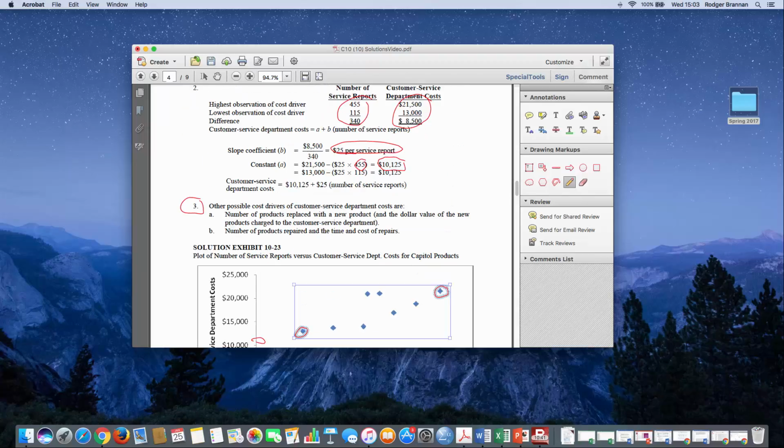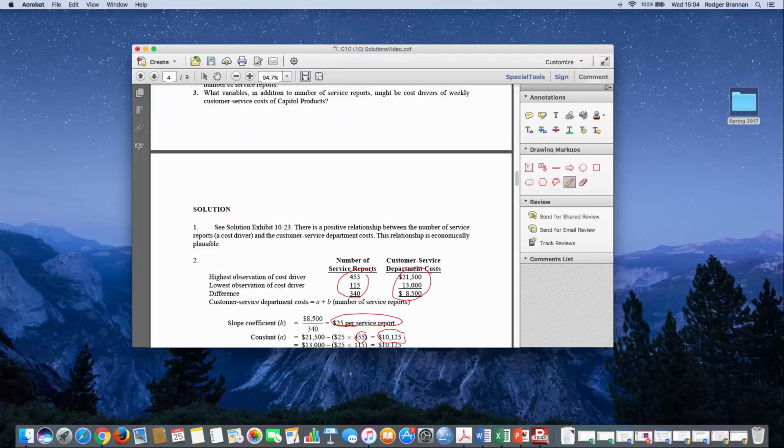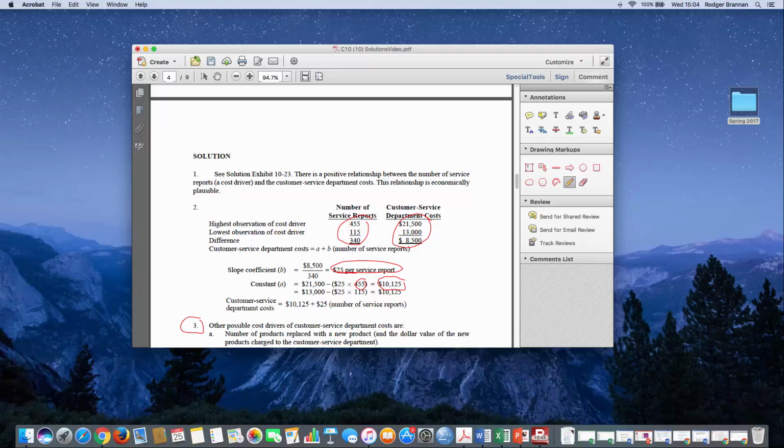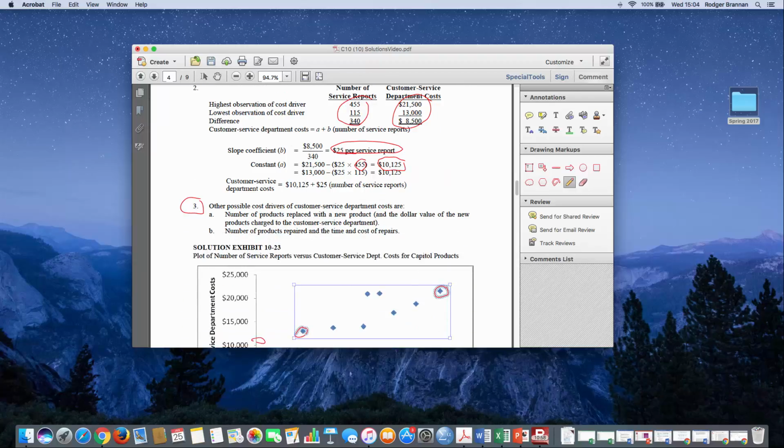But certainly, I would stand back and say, is this a plausible explanation? Well, yeah. The number of service reports, the number of times we have to go out and repair things, that will certainly have a very direct relationship on the total cost of the customer service department.